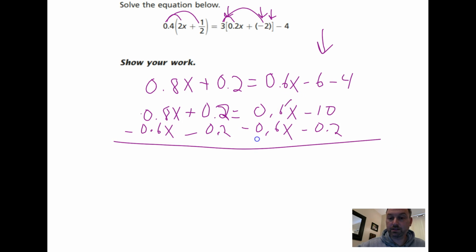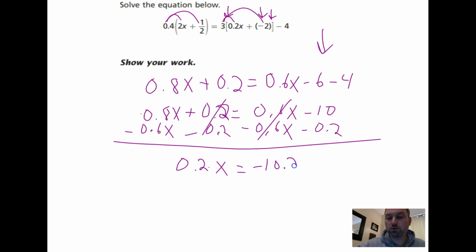These cancel, these cancel. Here you get 0.2x. And over here you get negative 10.2. Again, minus 10, minus 0.2.